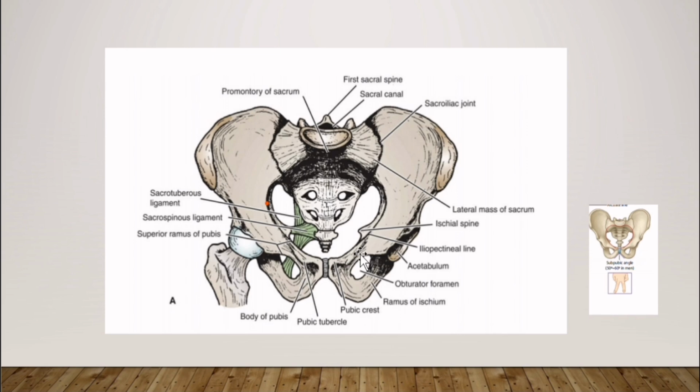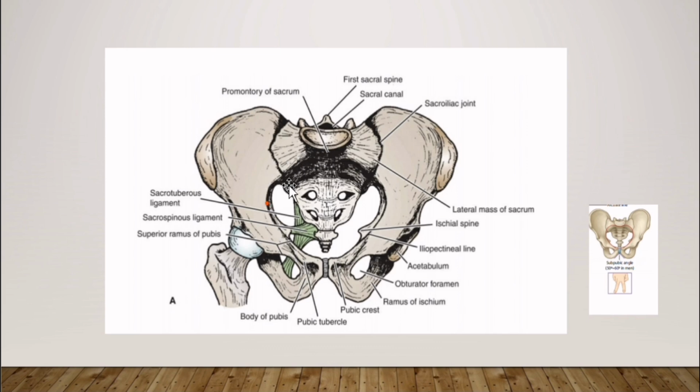The boundaries of the pelvic brim, or what defines the pelvic brim, are as follows. Posteriorly, we have the prominence of the first sacral vertebra, which you call the sacral promontory. This forms the posterior boundary of the pelvic brim.